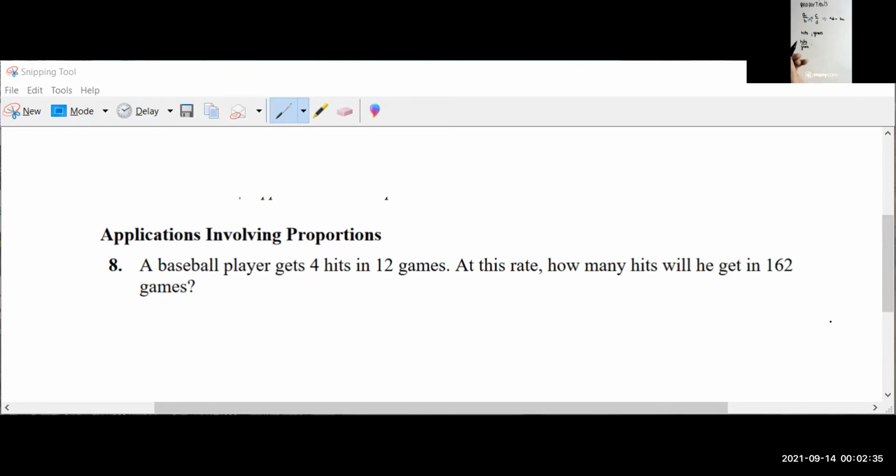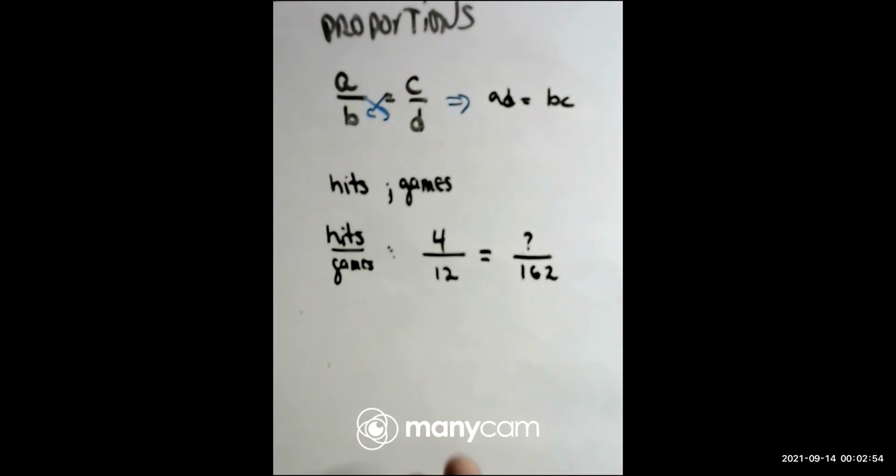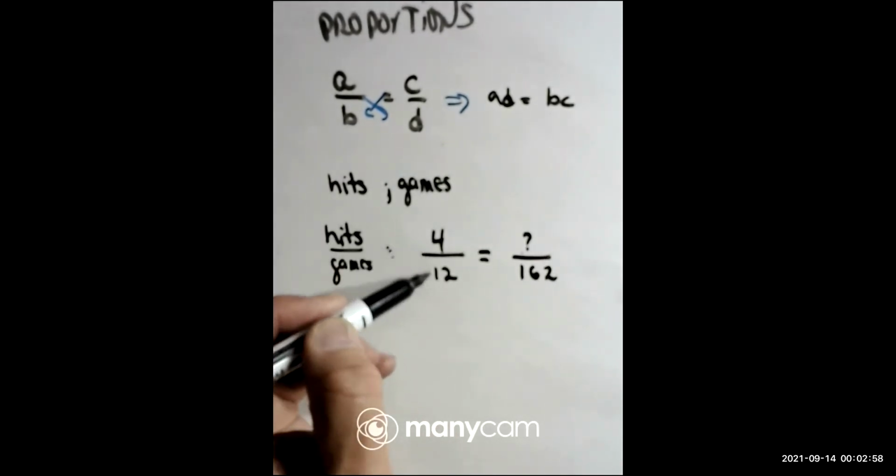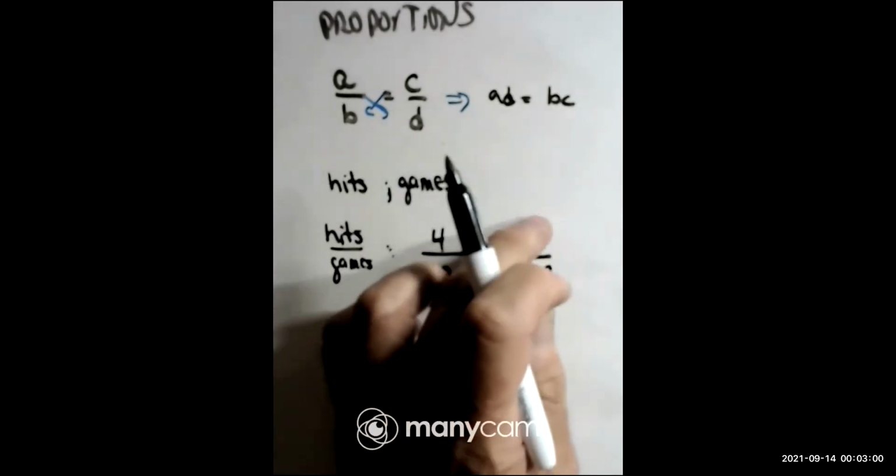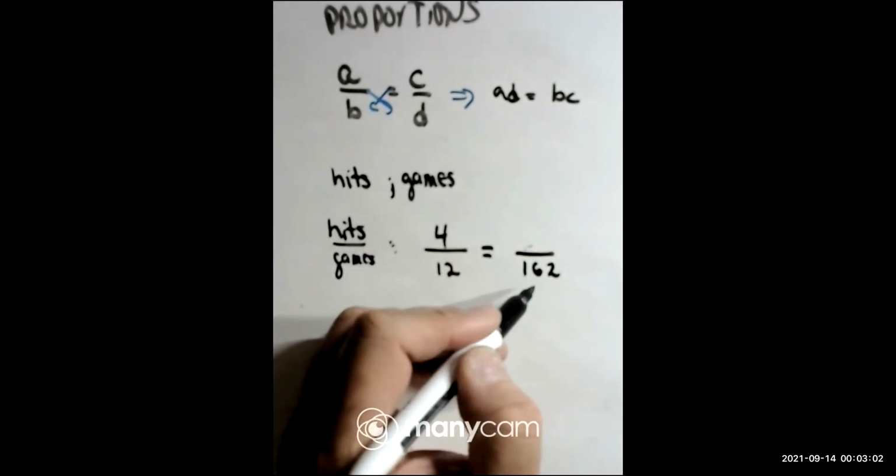So what do I have? This baseball player can get 8 hits in 12 games. At this rate, how many hits? Of course, I need to find the hits when he plays 162 games. So this is what we have. I'm going to use hits over games. So 8 hits in 12 games, how many hits in 162 games?